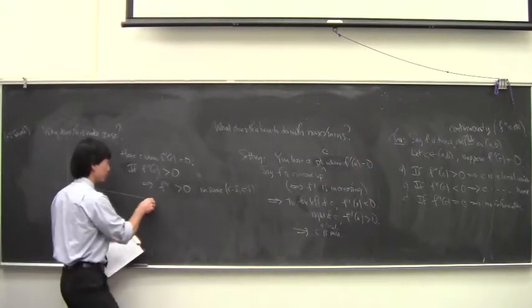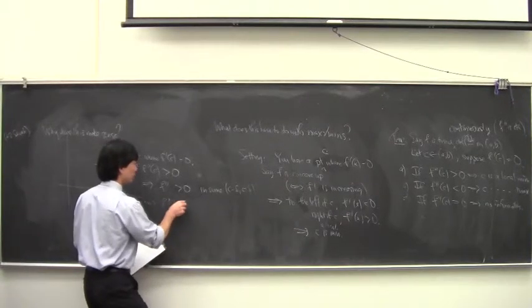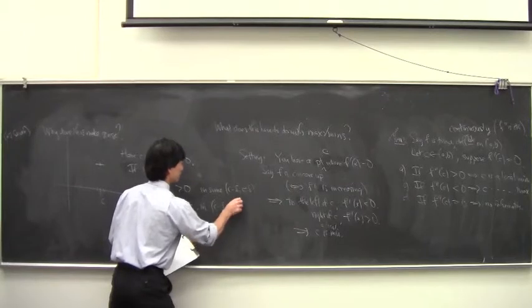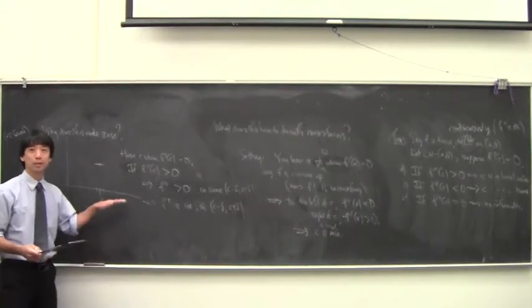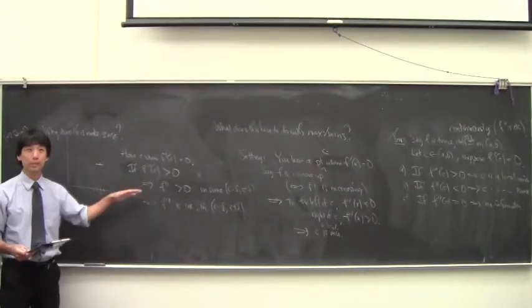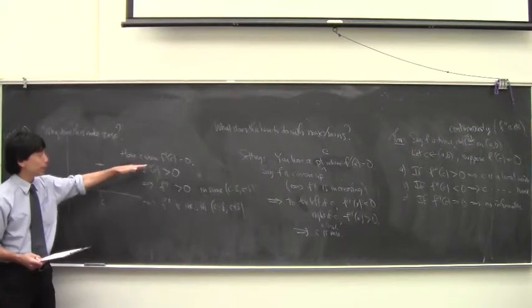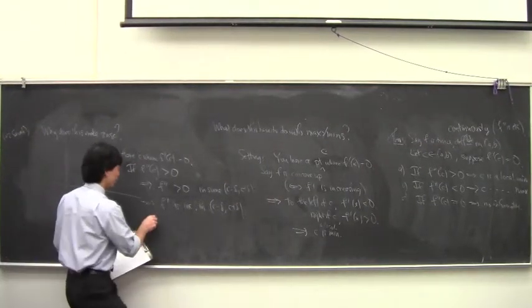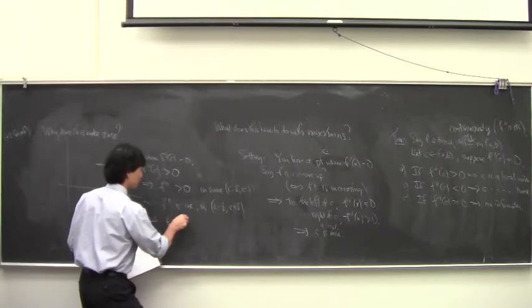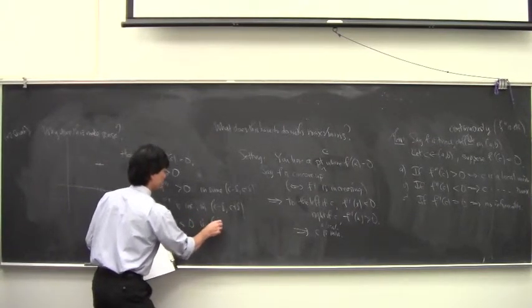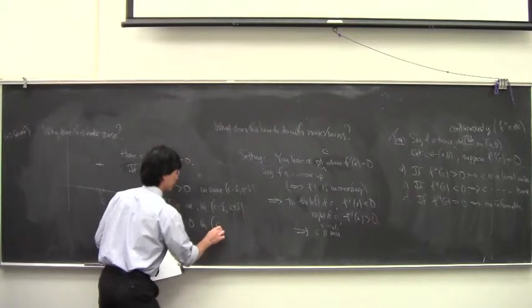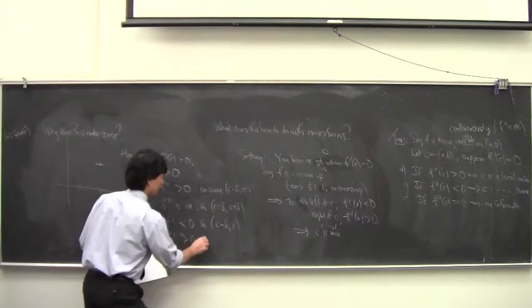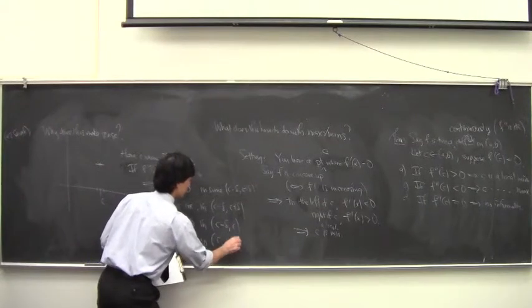So that means f prime is increasing in c minus delta, c plus delta. And then we just say what Sarah said. If it's increasing and it was 0 there, then it must be negative on the left and positive on the right. So f prime is less than 0 in c minus delta, c, and f prime is greater than 0 in c, c plus delta.